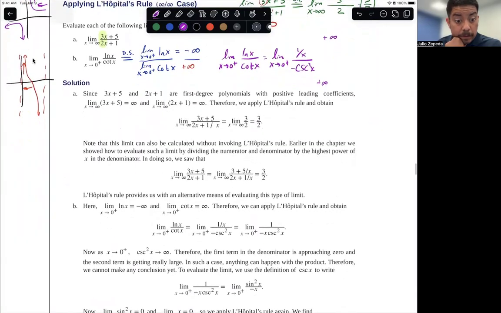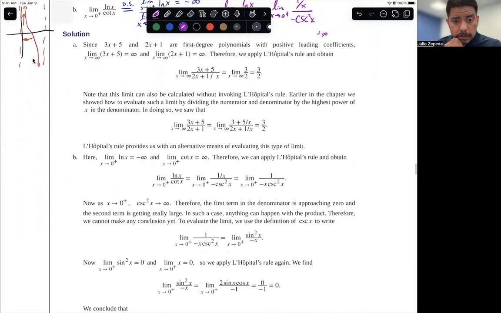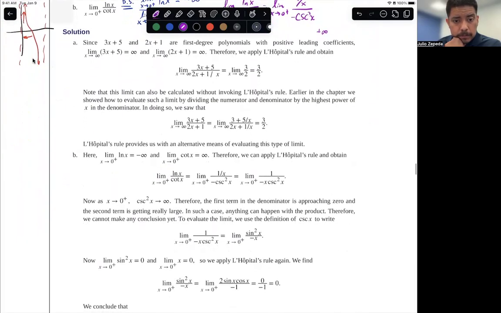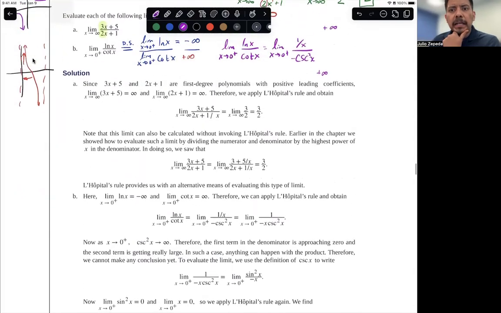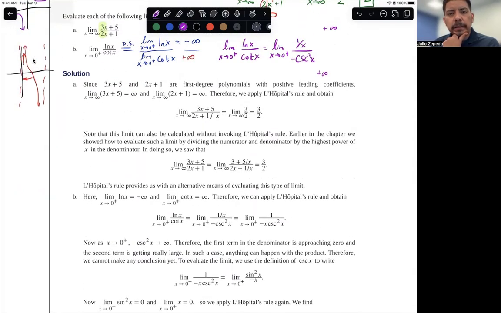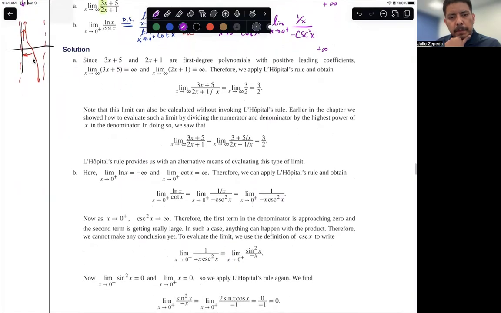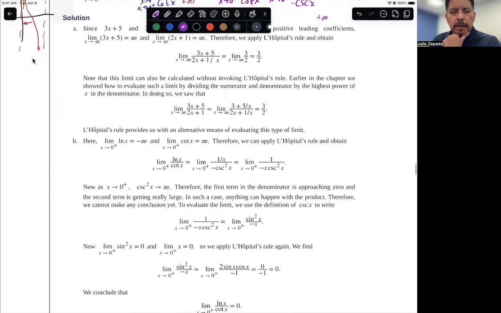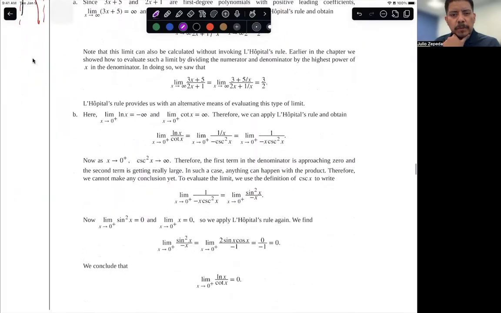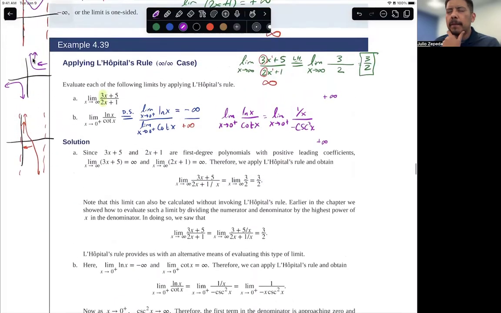Since we have infinity over infinity, there's a couple of ways to approach this.